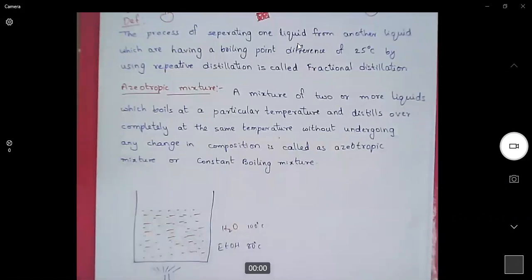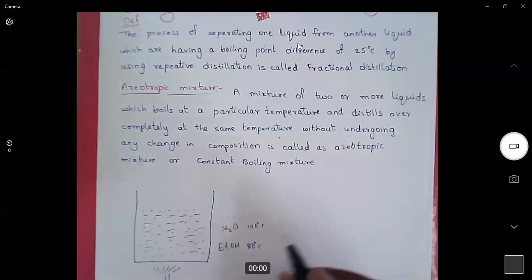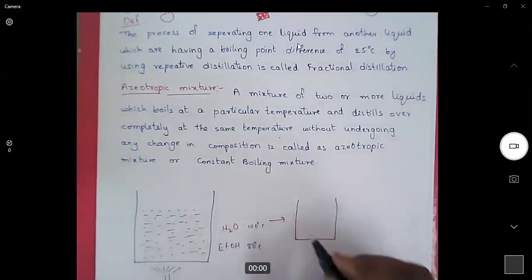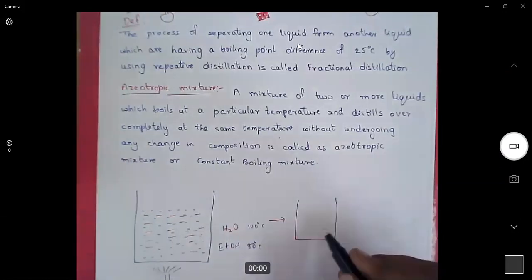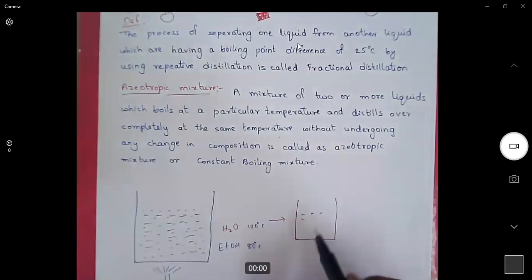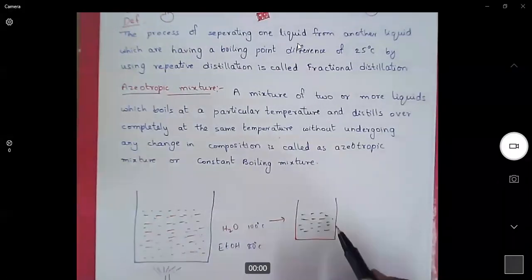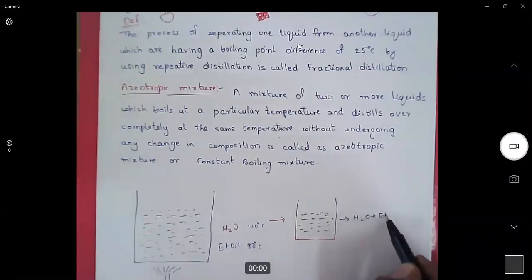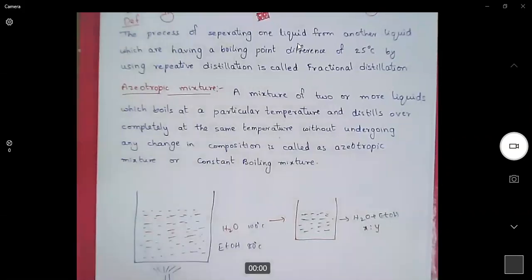At a particular temperature, they will form a uniform mixture with a particular composition. So this is water and ethanol, say in some X is to Y ratio.